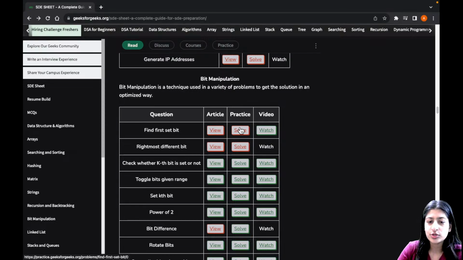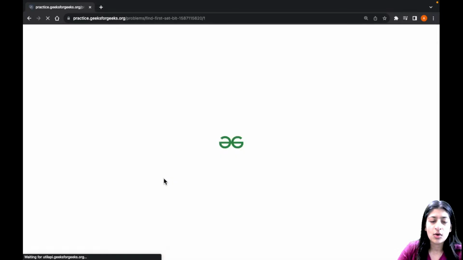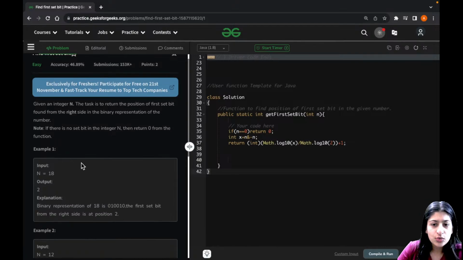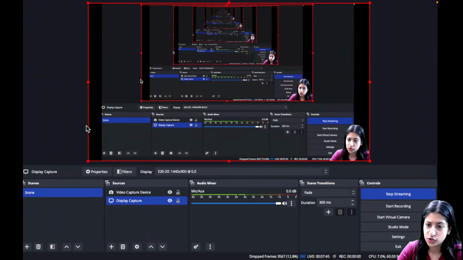I am just taking you through this question because I want to tell you what it says so that you can relate to what we are doing. In this question they ask you to find the first set bit of the number when you move from the right side. You have to return the position of the first set bit found from the right side in the binary representation of the number.